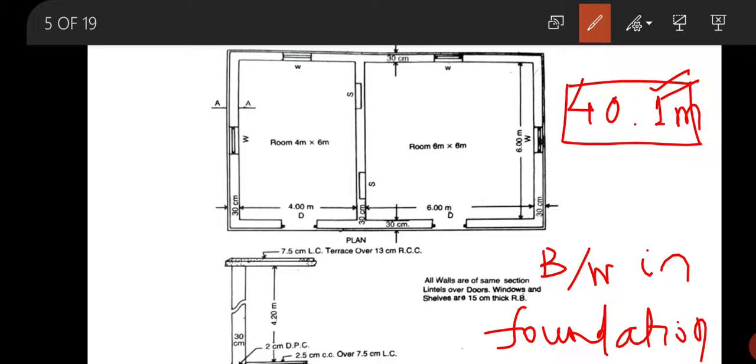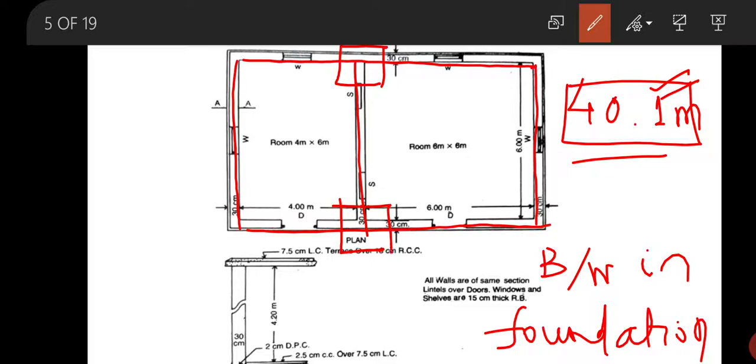But as per the center line method, first we will calculate the total center line length of the building. And while doing this calculation, you can mark here these two portions. These two portions are known as junctions, which are coming twice.